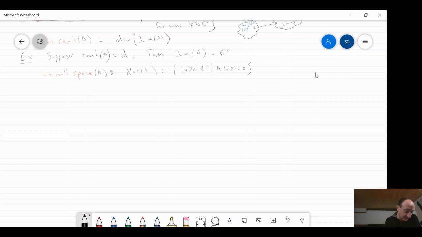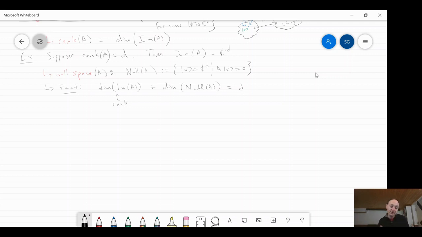And the nice thing about the null space is that there's this nice rank-nullity theorem, which states the following, always good to remember, which is that if I take the dimension of the image of A, remember, this is just the rank of A by definition, plus if I take the dimension of the null space of A, okay, that just equals the full dimension D, like the entire space.